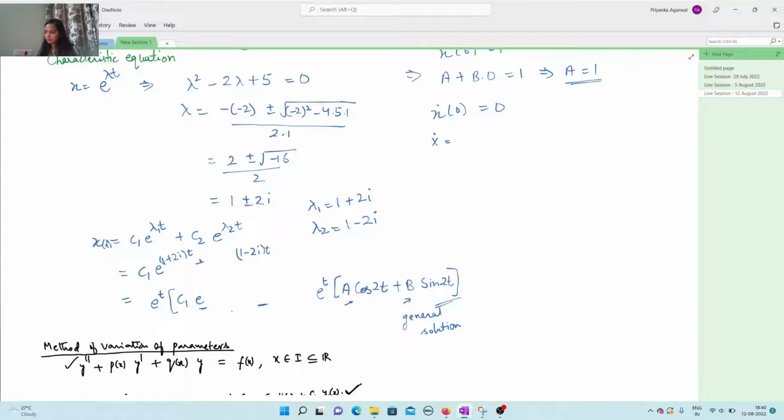So this will be this minus this, e to the power 6t. Right, so this is our Wronskian.